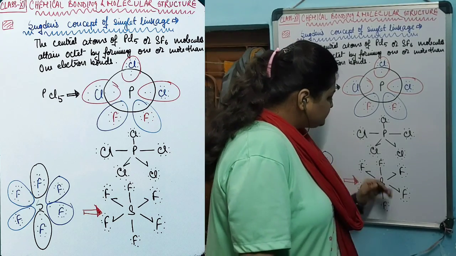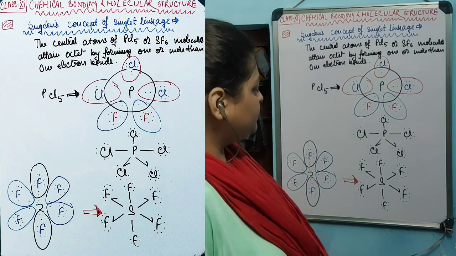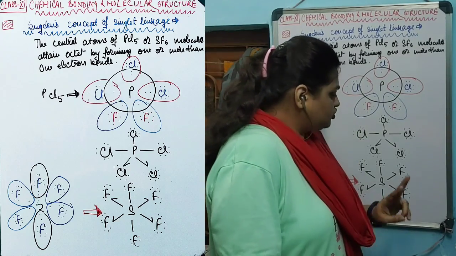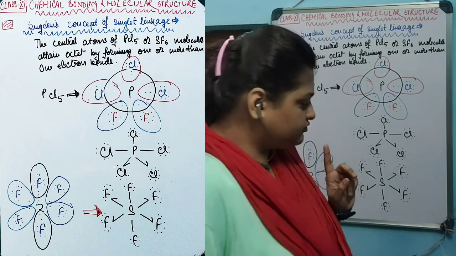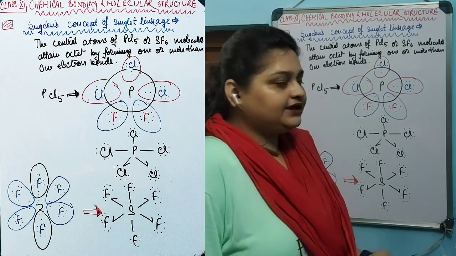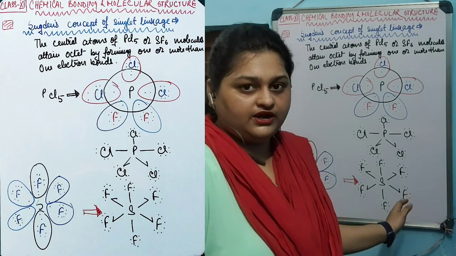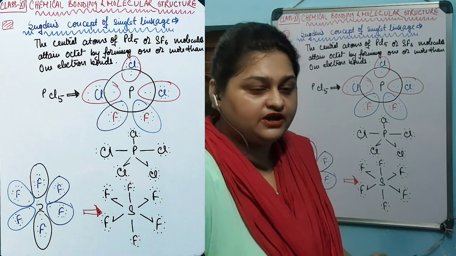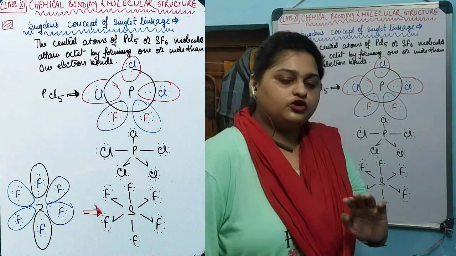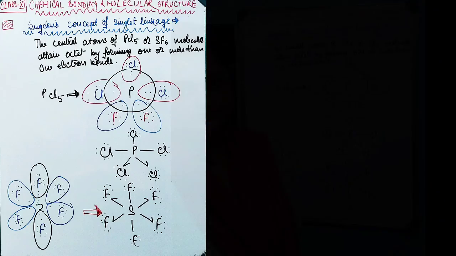Thus, out of the 6 bonds, by forming 2 normal covalent bonds and 4 singlet linkage bonds, SF6 is formed according to Sidgwick's concept.